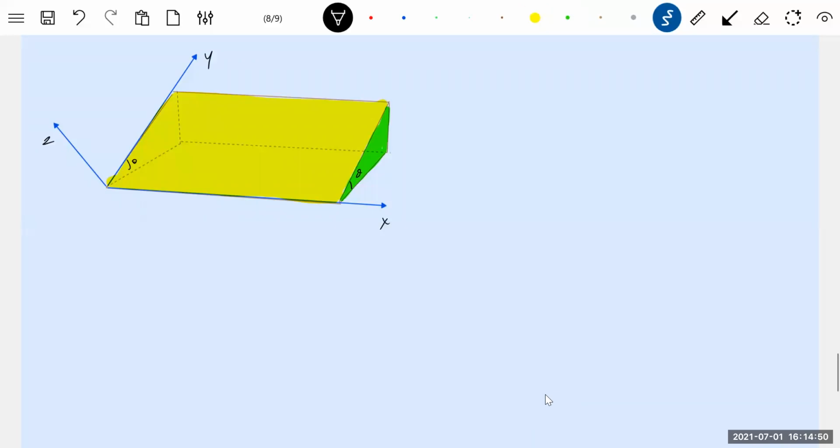Here is what I'm going to do: project a particle from the origin. So I'll write down the question.